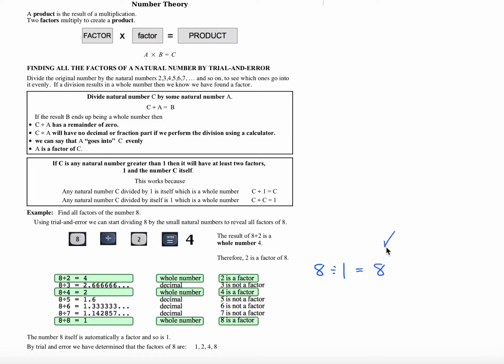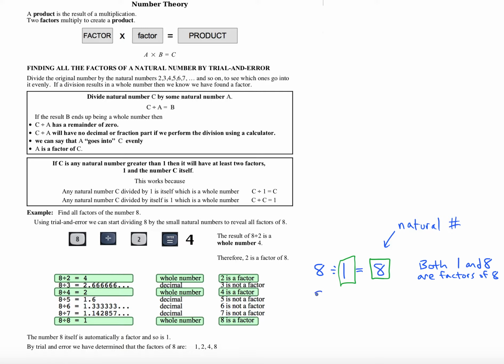Now since 8 is a natural number, that means that both 1 and 8 are factors of 8. So there we go. Just by doing that, we identified two factors of 8.